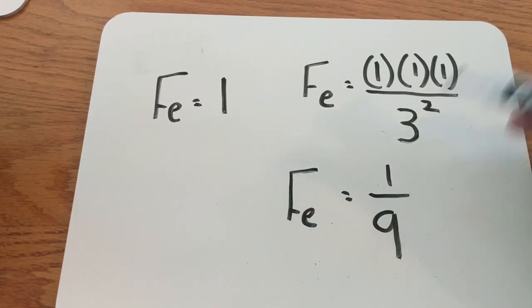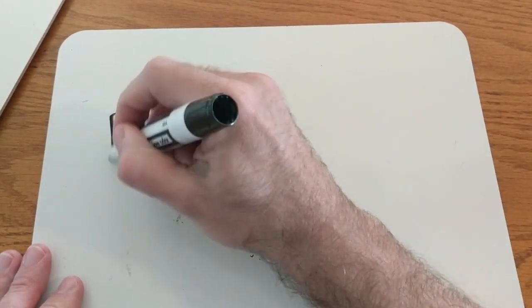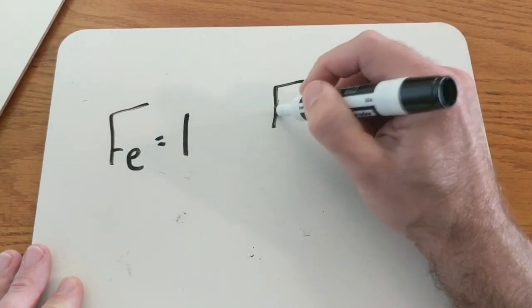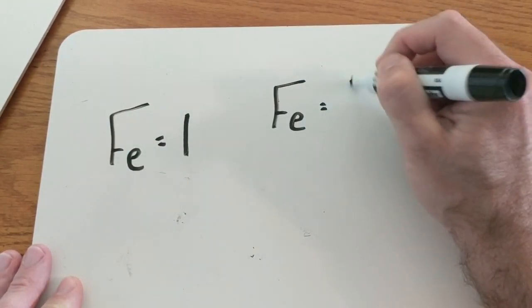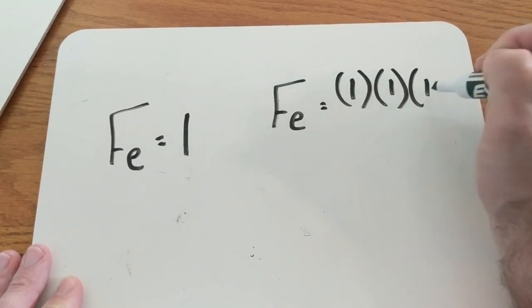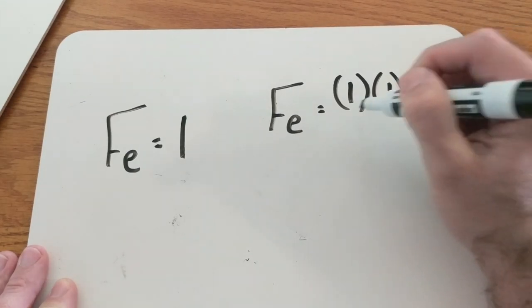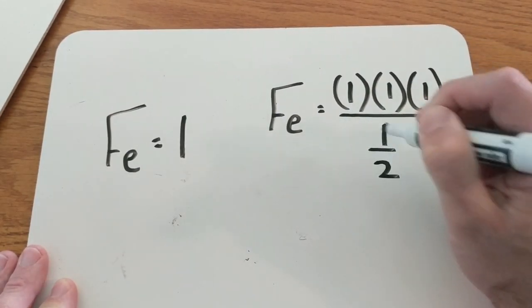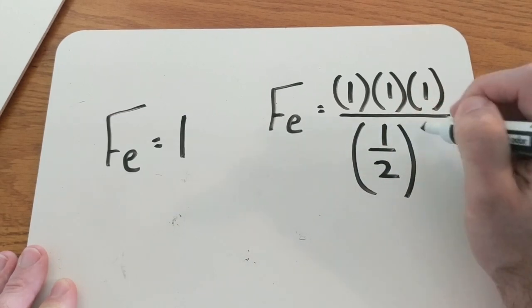And then likewise in the final example, remember, our original FE would still be 1. Everything goes as 1. But then on the final example, K is 1. That didn't change. The charge didn't change. But now we moved them closer.